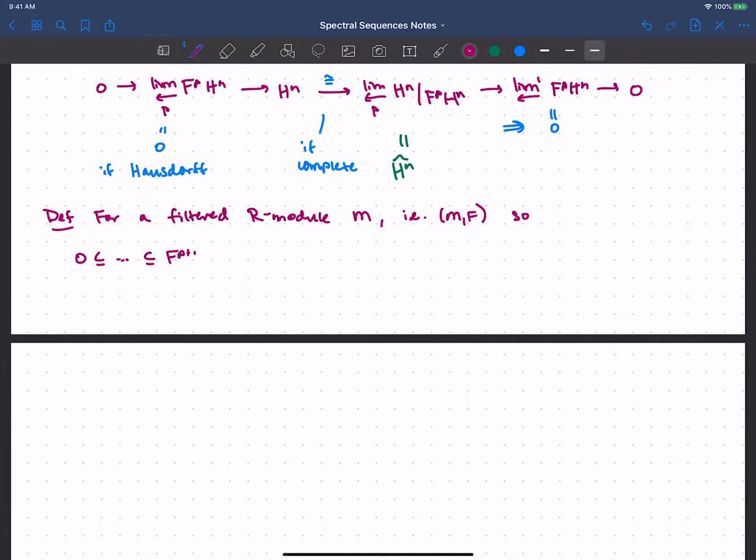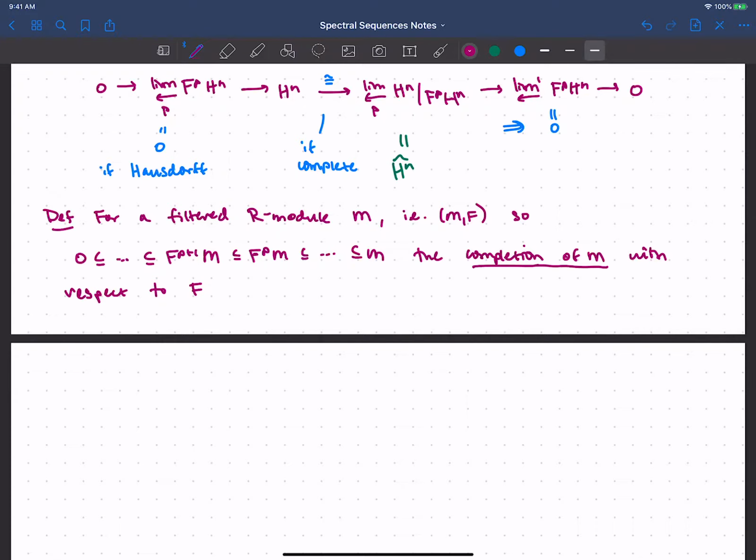So what's the completion? Well, the completion of M is really with respect to this particular filtration. Maybe you've heard about the P completion, of course, and that's with respect to a particular filtration. That's sort of an obvious one.